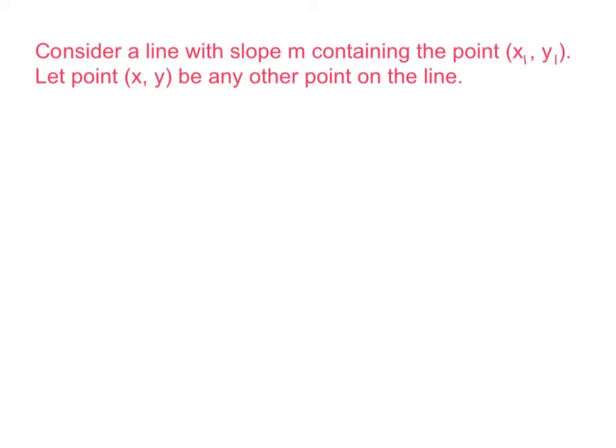So if we think about a line having slope m and containing the point x1, y1, then we want to let x, y be just any other point on that line. So if we think about what our slope formula would look like, it would be y minus y1 compared to x minus x1. Looking at the difference in the y values between the first point and the second point, and the difference in the x's as well.